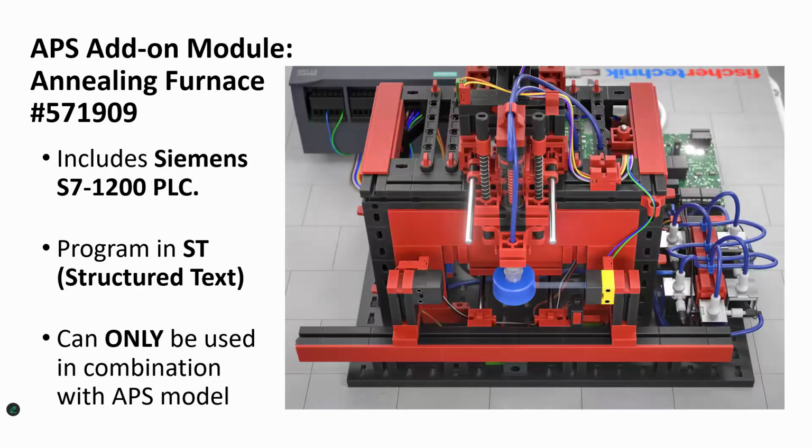The module, like most of the modules of the APS, includes its own Siemens S7-1200 PLC, which has been pre-programmed for the APS model, and not for use as a freestanding model like other Fischertechnik models would be.